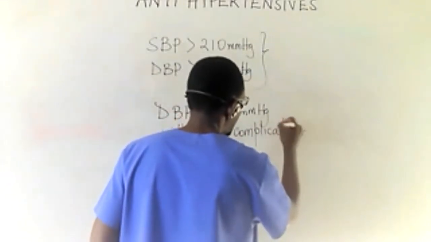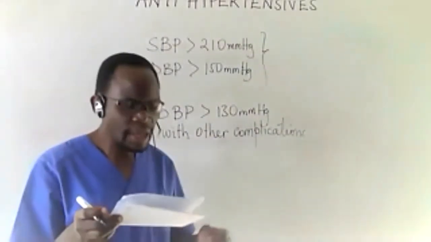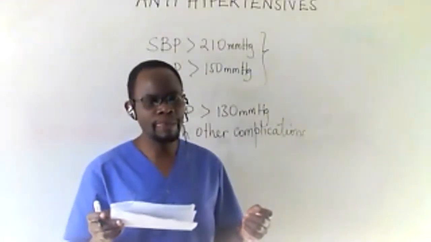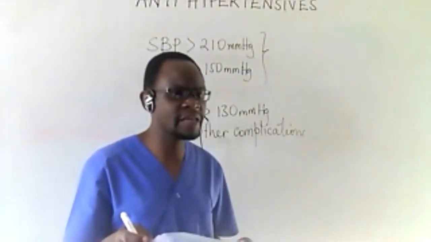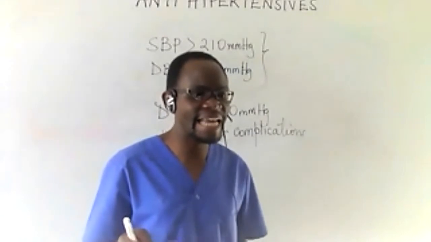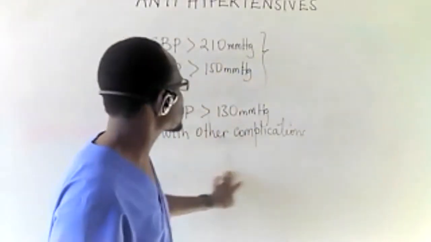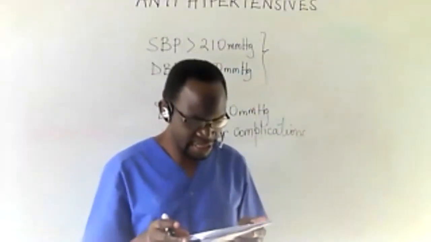For example, complications like hypertensive encephalopathy, nephropathy as a result of hypertension, and hypertensive cardiac failure. These people are also said to be in hypertensive emergency.